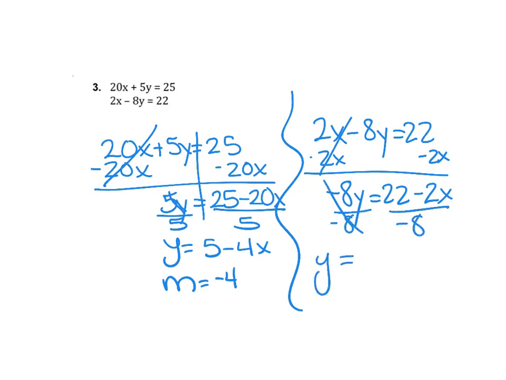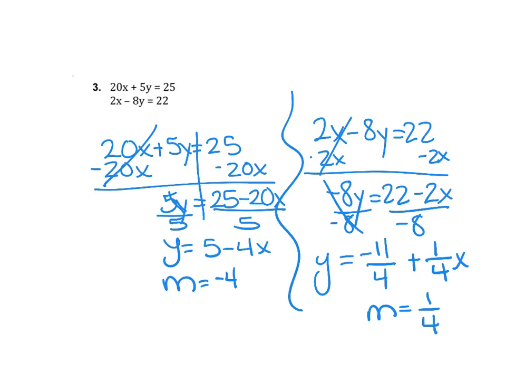And y is going to be equal to, let's see here, 22 all over -8 would be -11 all over 4 plus 1 all over 4x. All right, so our slope for this one is equal to +1/4.